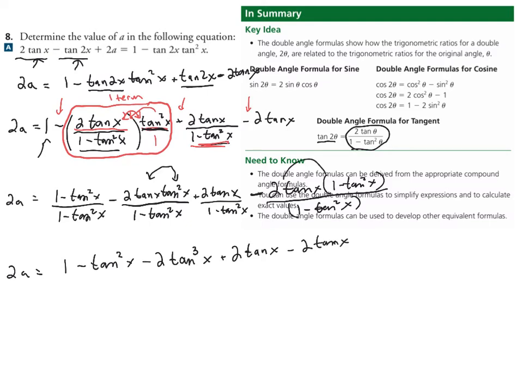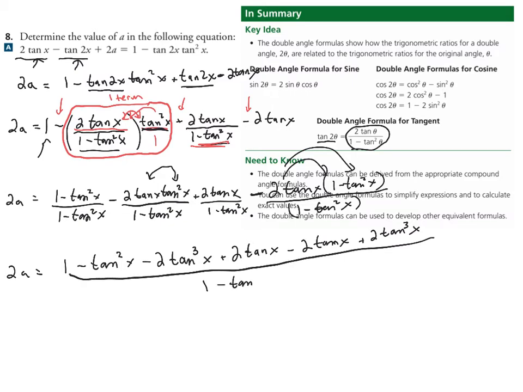I have to distribute this. Plus, so minus 2 tan x times negative tan squared x is plus 2 tan cubed x. And this is all over 1 minus tan squared x. Oh, this is getting fun. So 2a equals, well, this is actually pretty convenient.